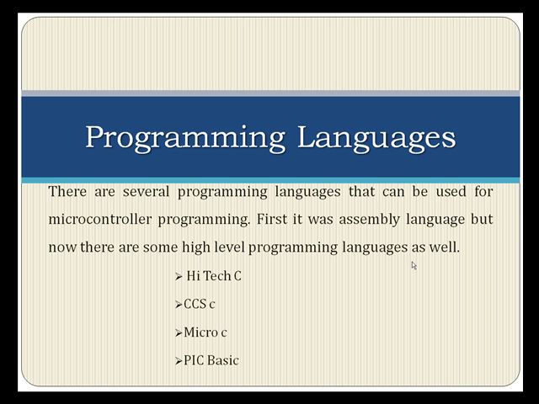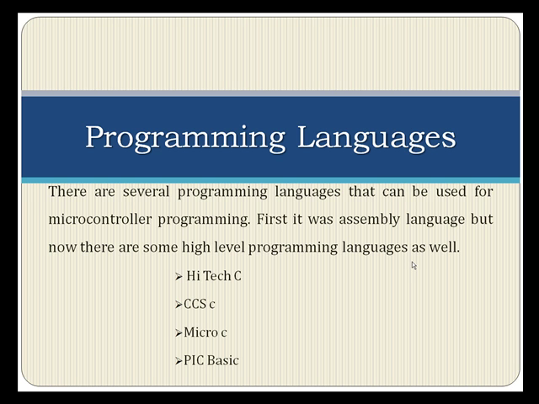Okay, now we move to the programming side of microcontrollers. There are several programming languages that can be used in microcontroller programming. In 1975, at the beginning of microcontrollers, assembly language was used for programming them.